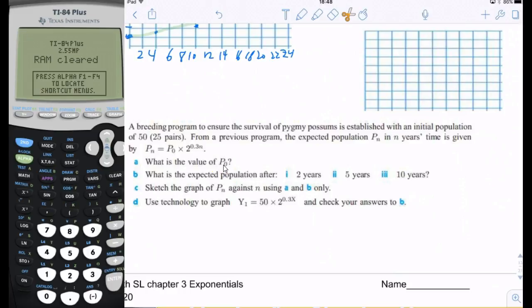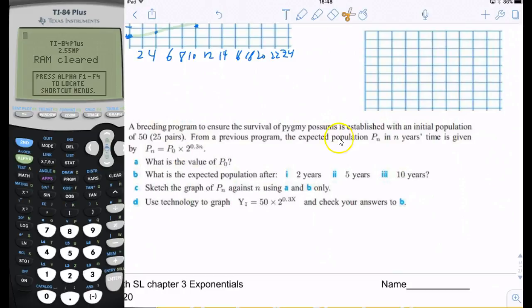Okay, so p subscript 0, if you remember from the investigation, is a multiplier times the exponential expression. If you put the initial time, n equals 0, in the exponent, 2 to the 0 is 1. So the initial value is always going to be this multiplier here.